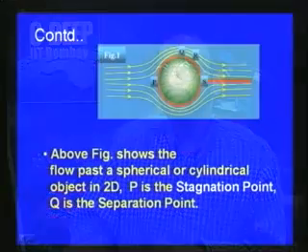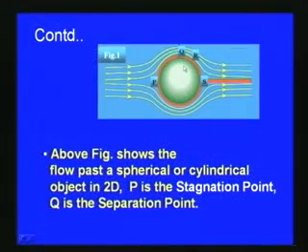When we analyze the boundary layer separation, we have to discuss the separation streamlines and the wake formation. If you consider a cylinder like this, the flow past a spherical or cylindrical object in 2D, the free stream comes like this, and there will be a location where the flow velocity is 0, which is called the stagnation point. Here P is the stagnation point.